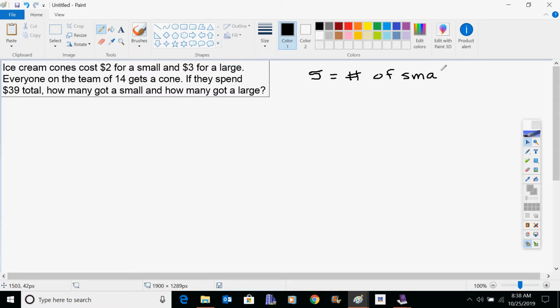And making sure to label things is good so that you know when you finish what your solution is telling you. And L for large, I'm going to use a cursive L just because the lowercase looks too much like a 1. Number of large cones.